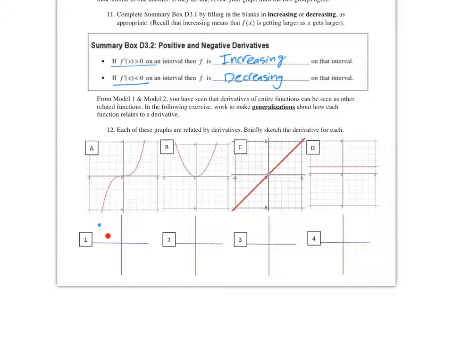It's still positive, but not as steep of a positive line. As I get closer and closer to 0, it's still positive, but less steep. And then at 0, it looks like there's a 0 slope.